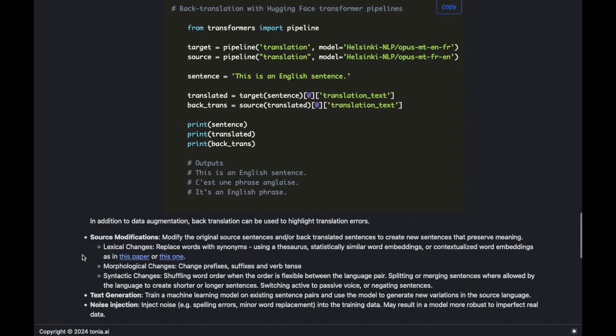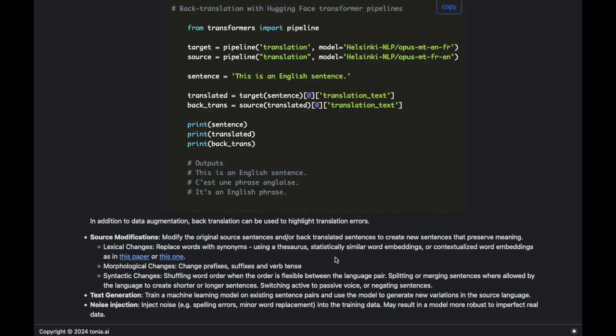A few different approaches to modifying the source sentence include lexical changes. So if you recall, lexical relates to words, and in lexical changes, we can replace words with their synonyms. For example, using a thesaurus, we can replace a word with a synonym that has the same meaning and does not change the meaning of the sentence.